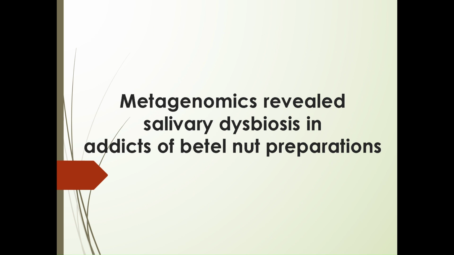The second study which I want to very briefly discuss is the metagenomic analysis of salivary bacteria in addicts of betel nut preparation. As you know, in Karachi there are betel nut preparations, that is chalia and supari, and pan and pan masala, which are being used in a specific population in Karachi and other parts of Pakistan, especially in the Sindh region.